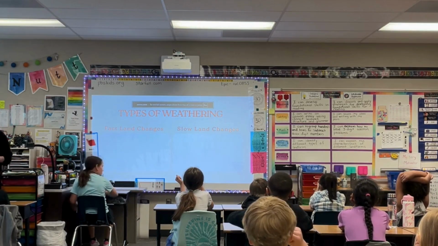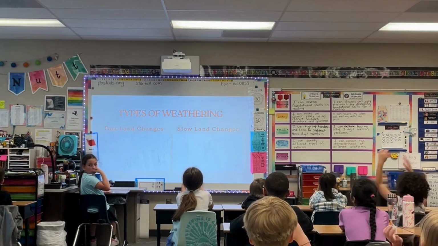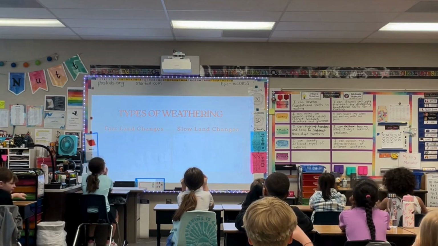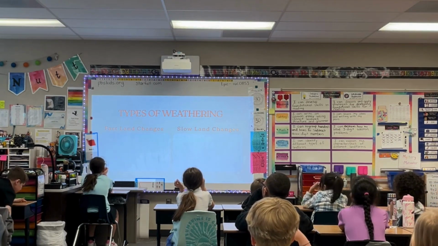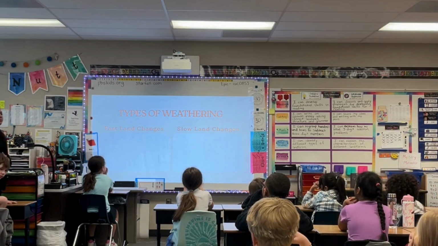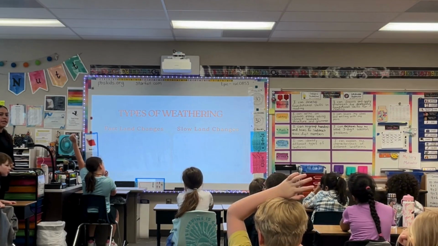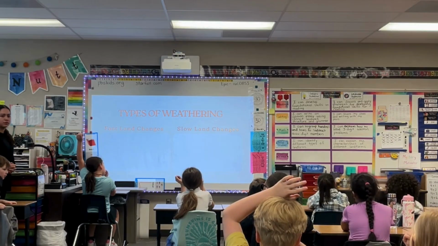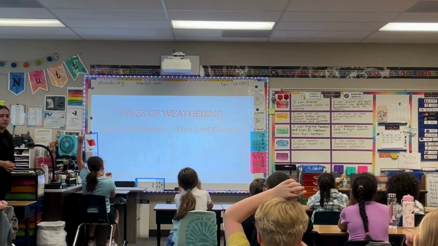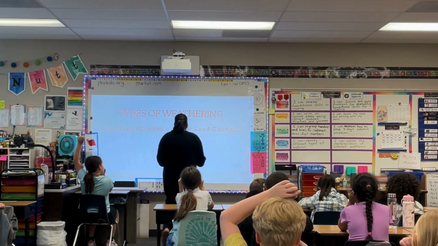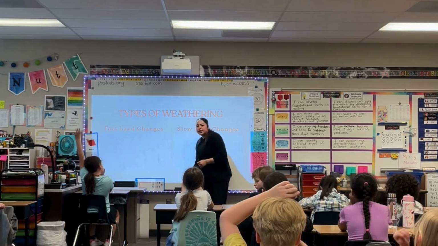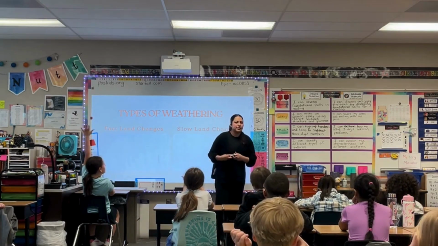So, now we have types of weathering. So we have fast land changes. Talked about these yesterday. Give me an example. Ethan? What types of things can change the earth very fast?